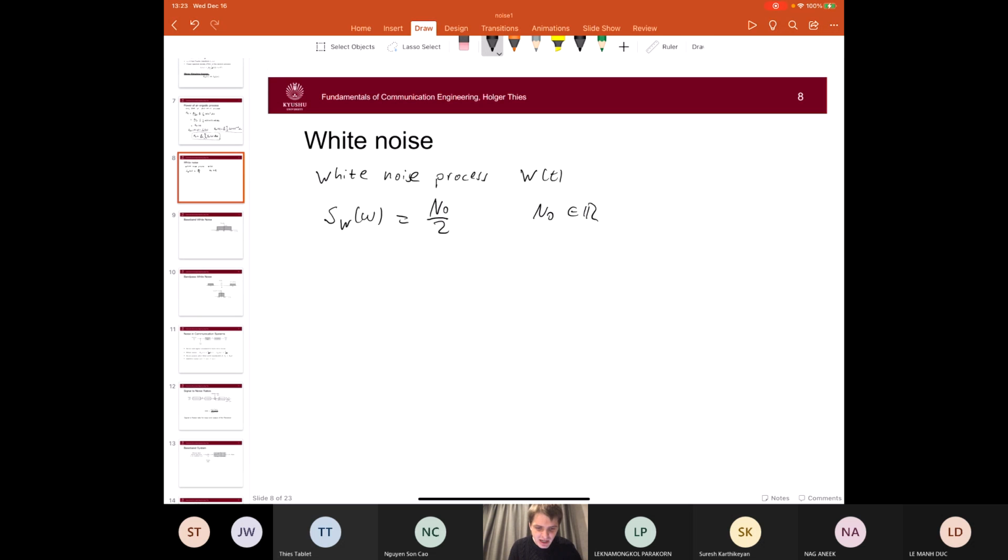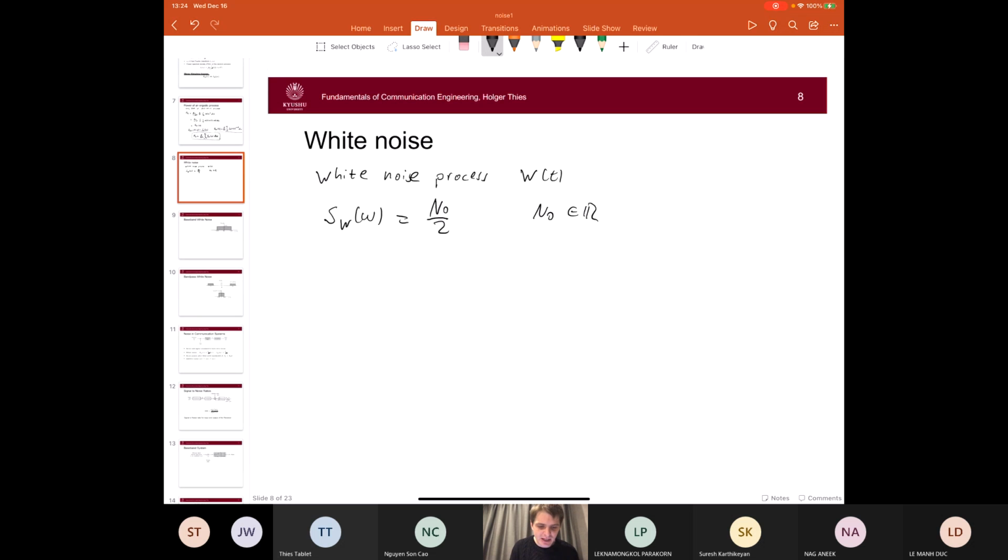And we use N0 half because we want to assign half of the power to negative frequencies and half of the power to positive frequencies, because basically negative and positive frequencies are the same frequency, right? So the idea here is that each frequency has power N0, and we assign half of the power to negative and the other half to positive frequencies. So this is just the definition of a white noise process: a process where the power spectral density function has this form. It has some constant value for all omega.